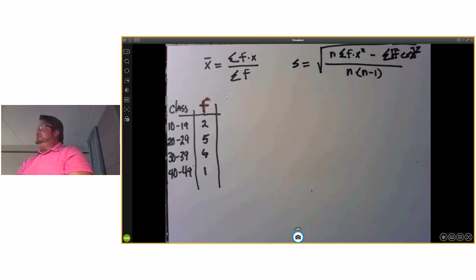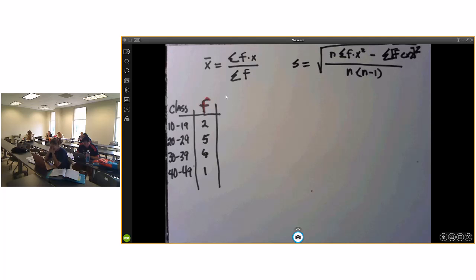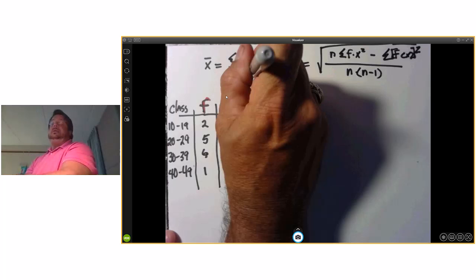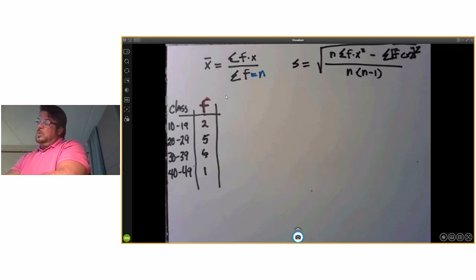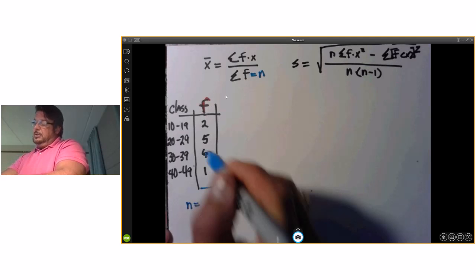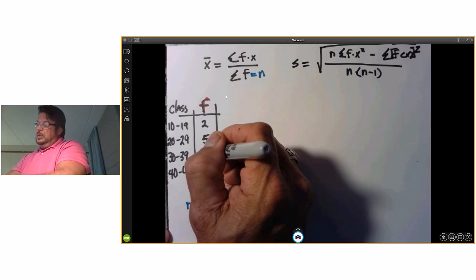The total. It's the total, and it's always your biggest number. So N is the summation of F. Okay, so I'm going to add up all of those. And that's going to give me 7, what is that, 13, 14? N is equal to 14.